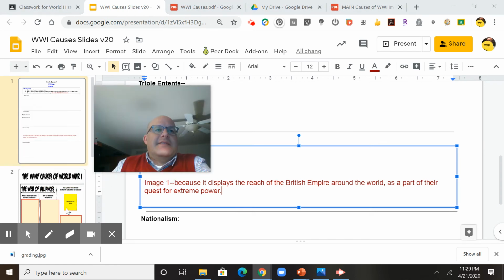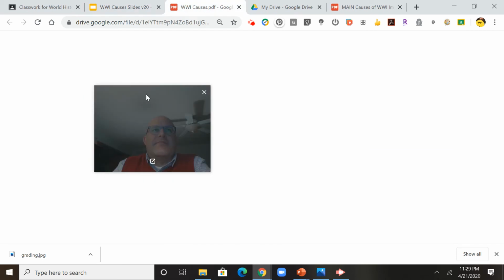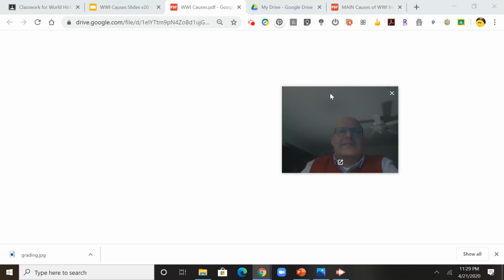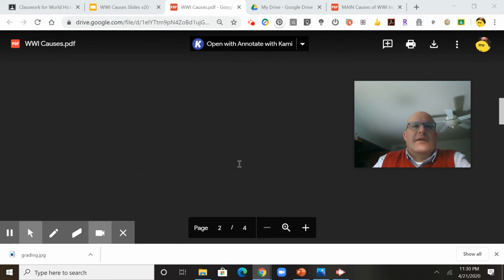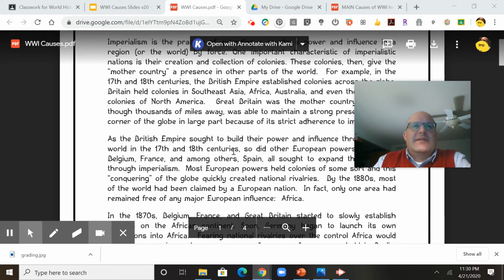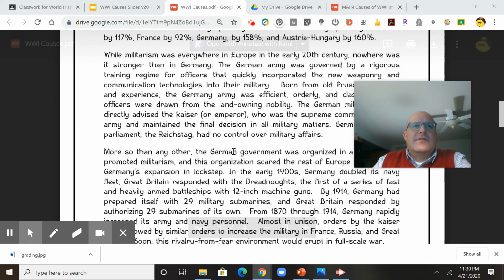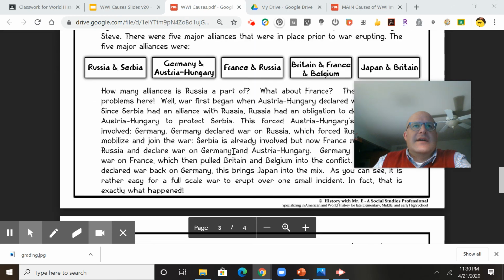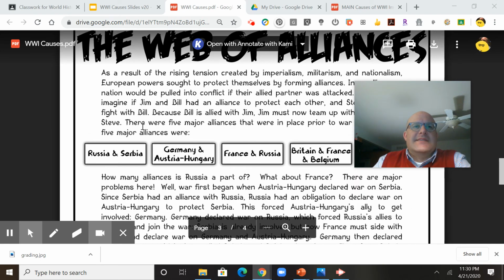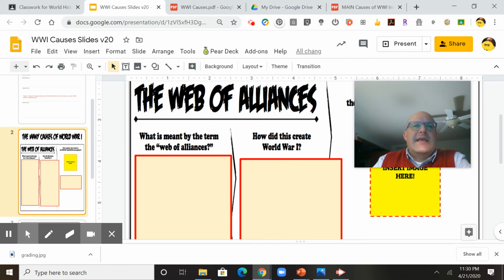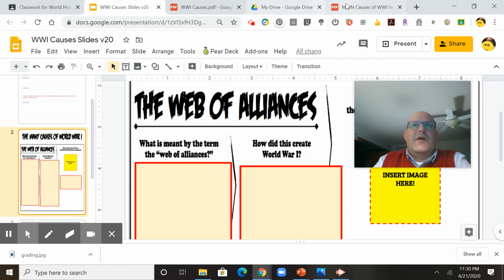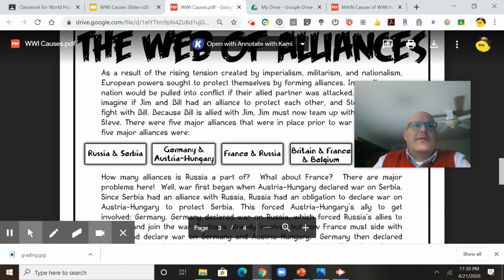The last slide that you need to do is look at another attachment here with the text. It describes these different causes in detail, but it also talks about the web of alliances, and that's the section you need to read about how the web of alliances created World War I. This small piece down here, page 3 of the attachment, talks about the web of alliances.